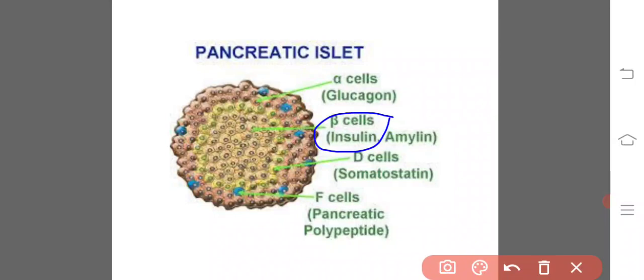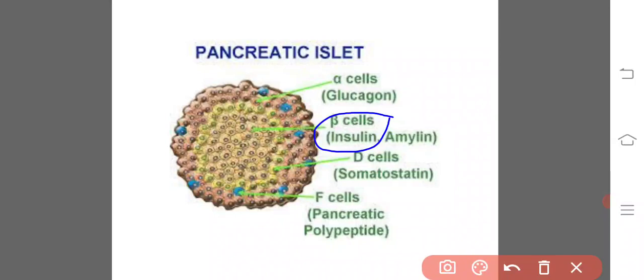The main function of insulin is to lower down the blood glucose levels by increasing the glucose uptake by cells and by the synthesis of glycogen from glucose. So here there are two things. One is the uptake of glucose by the cells.